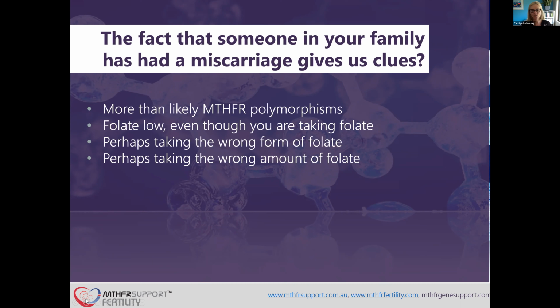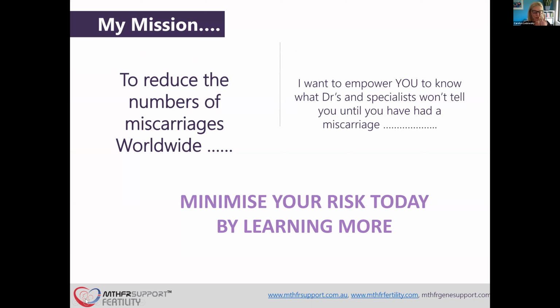So 500 micrograms for someone who has 2 copies of the MTHFR gene is not nearly enough. And that's the reason that you miscarry, because you're just not taking enough and you're probably taking the wrong form. So if you can understand what you need to do, you can change the outcome.